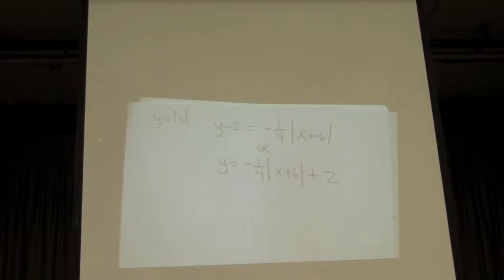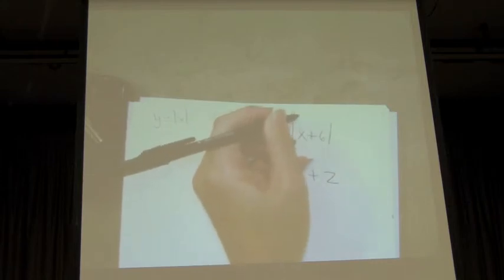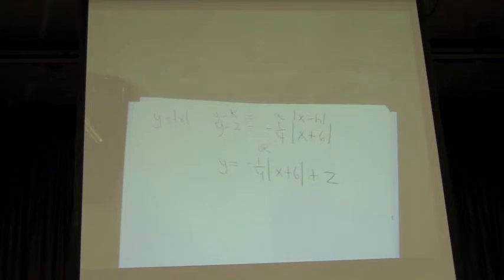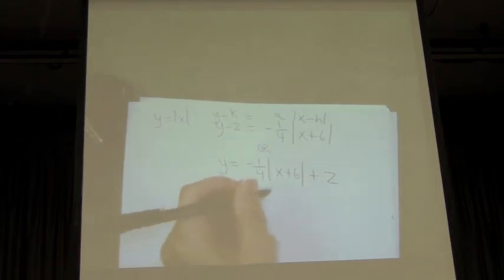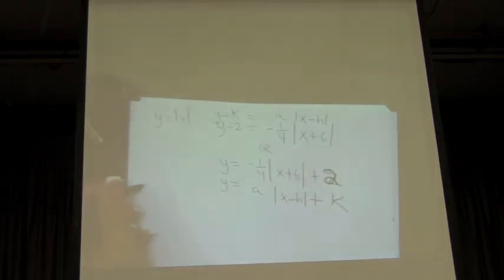Yes? So now, y minus k equals a times the absolute value of x minus h. So if you did it this way, y equals a times the absolute value of x minus h, plus k. What is the correct value of h in this problem?